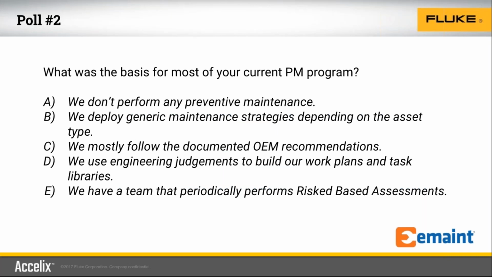And on the other hand, a lot of the organizations will be in the C or sort of B and C section, where it's really, we just do a bunch of stuff and kind of hope it works, and that could be really costly, and that's where the popularity of condition monitoring programs has come in. And really where you want to try to get to is performing maintenance based on risk-based assessments.